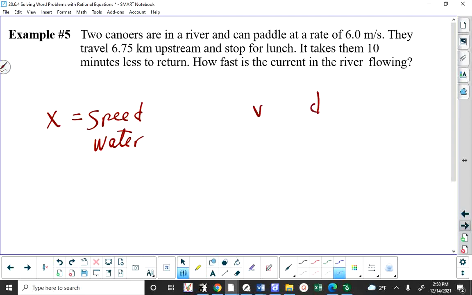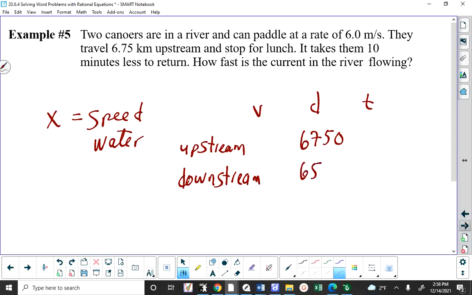I'm going to use V, D, and T. Upstream, downstream, for the distance, it's 6750, and I'm going to use meters here, everybody, because my speed is in meters per second. Okay. I don't think we want to convert to kilometers per hour or anything like that.